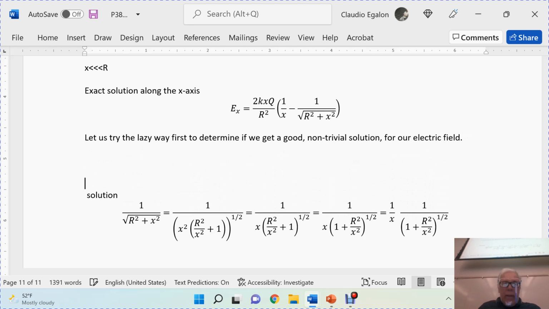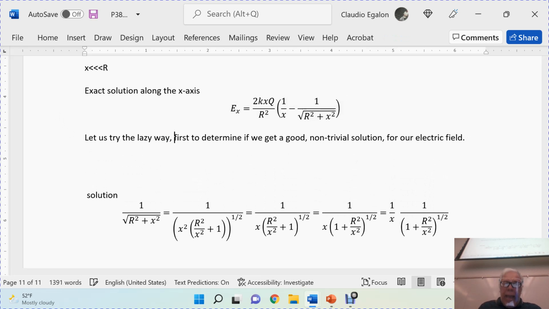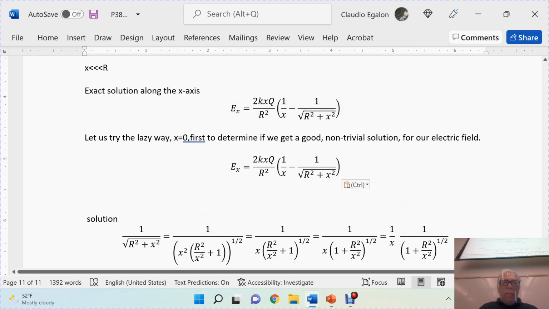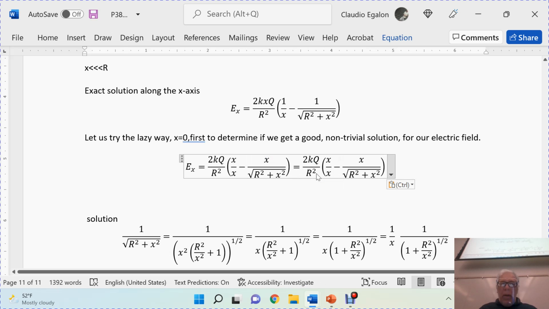The lazy way means making x equal to 0. Sometimes this lazy way works, sometimes it doesn't. The first thing you have to do is make sure the x outside the parentheses goes inside the parentheses.